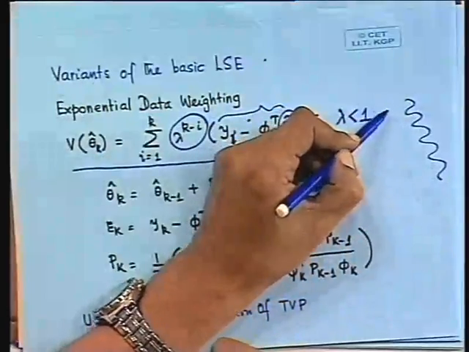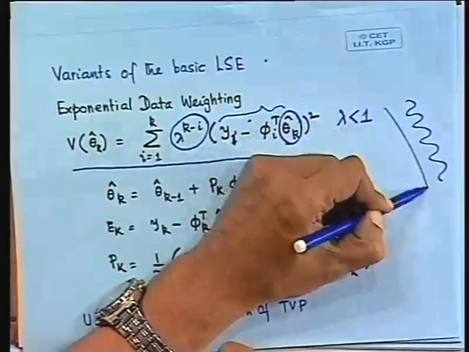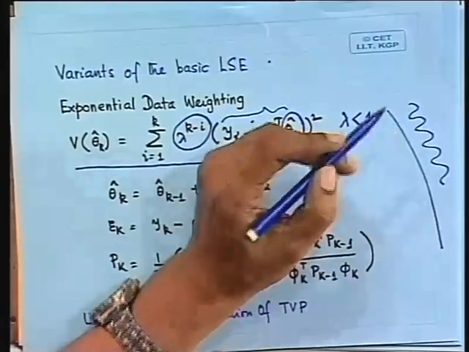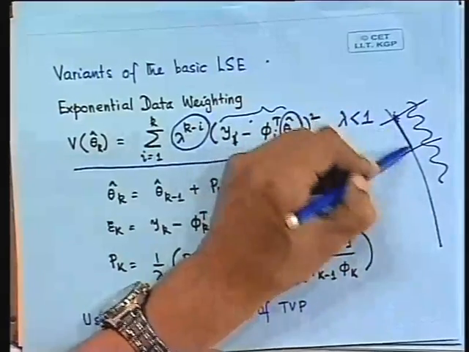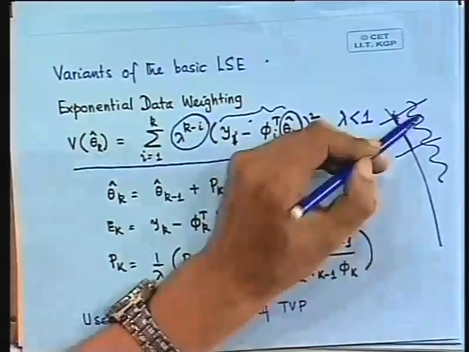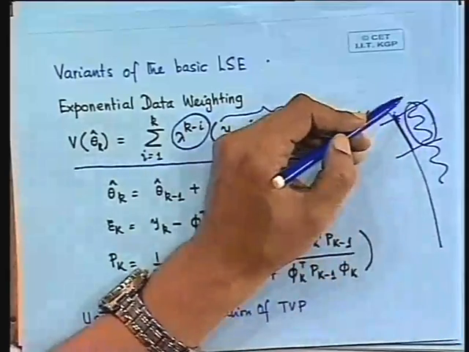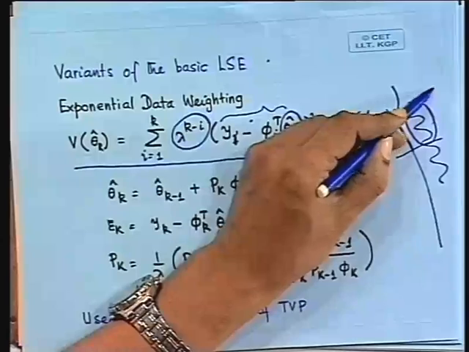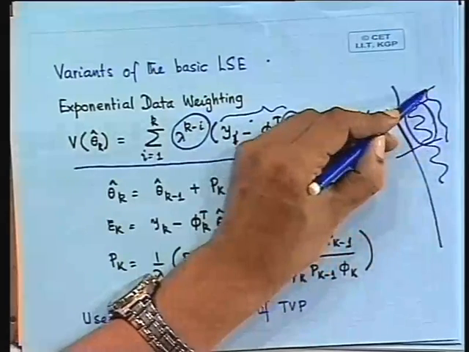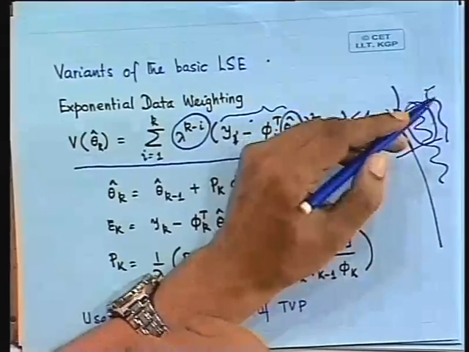If you have two signals, one of them varying very fast, another varying very slow, then you can consider that for any reasonable time instant this one is constant and this is the signal which is varying. That's why you call it a parameter. Otherwise, if this one is also varying fast, you cannot call it a parameter. It should be called a state.